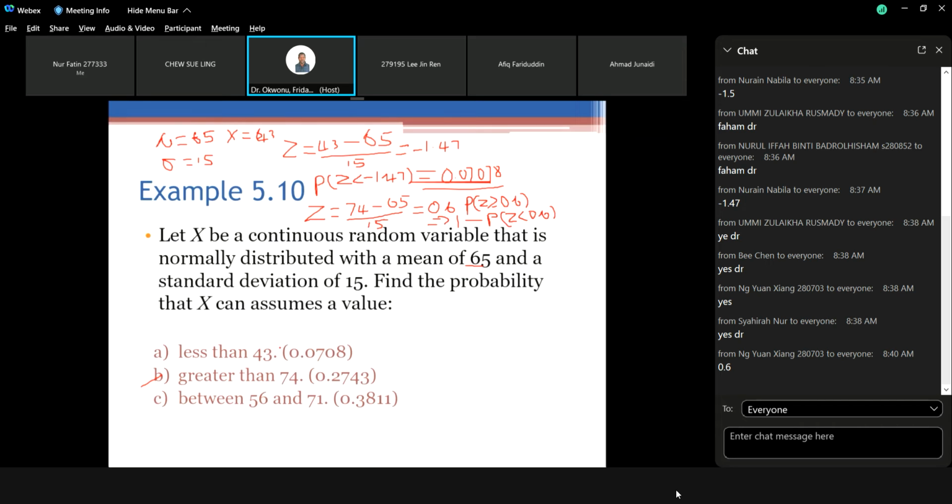So see this greater than sign here, because we always work on the probability less than. So we convert this greater than symbol into 1 minus this. So we translate it into less than. So on this basis, we go back to the table.